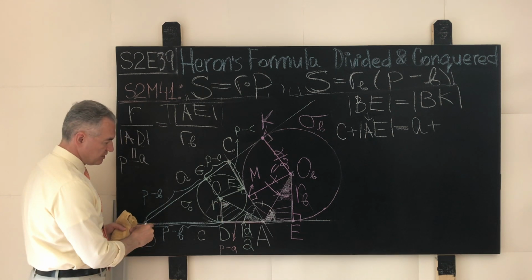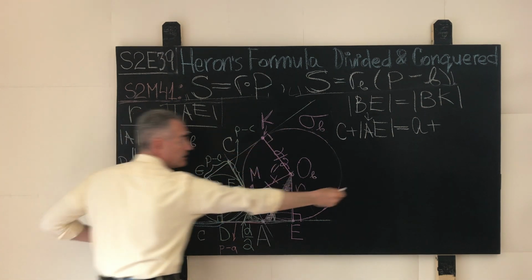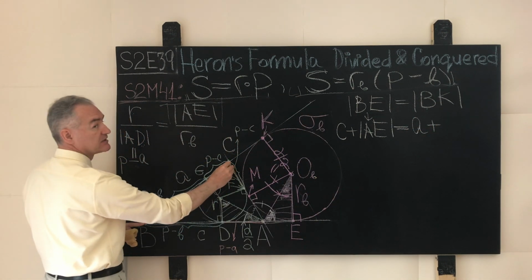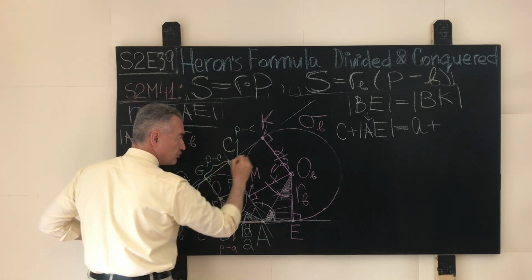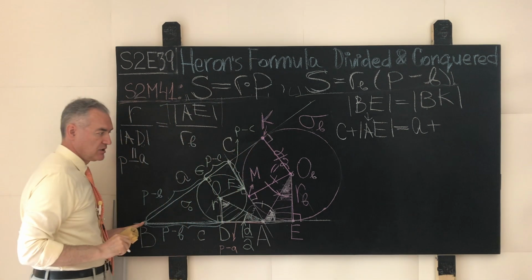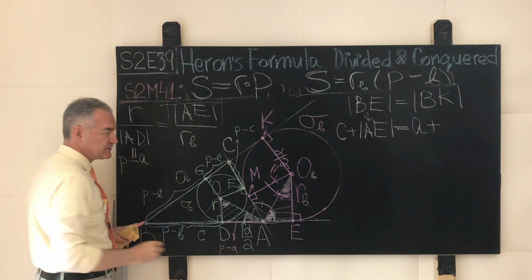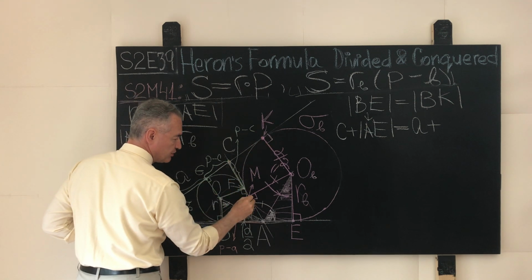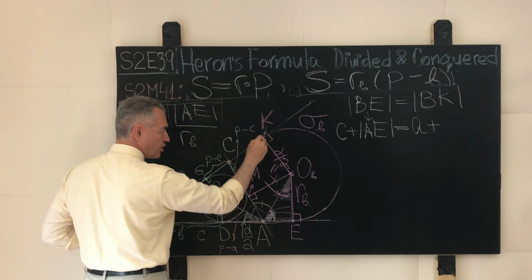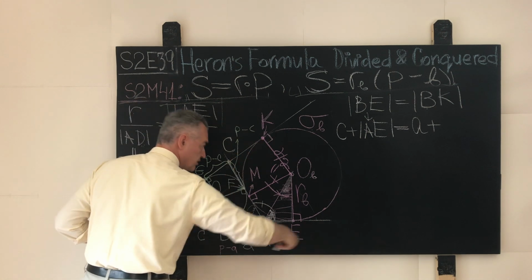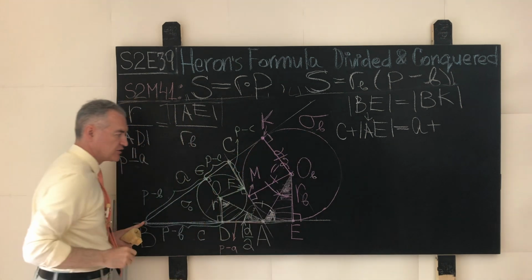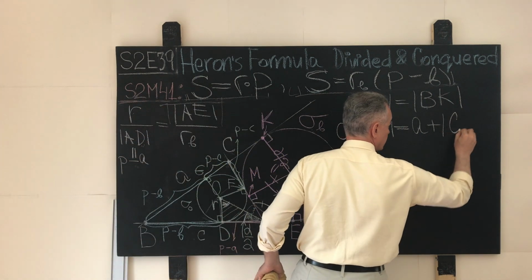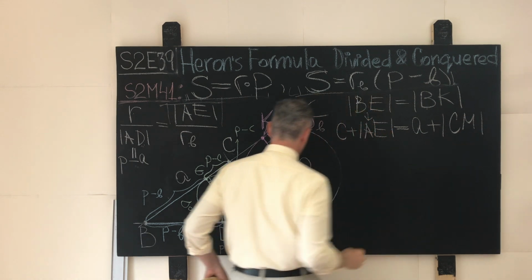So here we will say that the distance between the points B and K is A, the distance between the points B and C, plus the distance from the point C to the point K. However, what do we see? The distance from the point C to the point K must be the same as the distance from the point C to the point M, because these line segments are external tangents drawn to one and the same ExCircle through one and the same fixed point C. So this is what we write, CM.